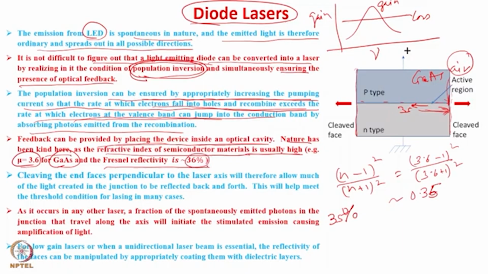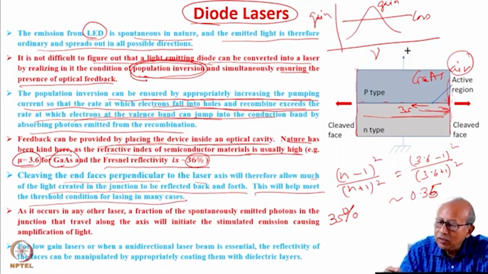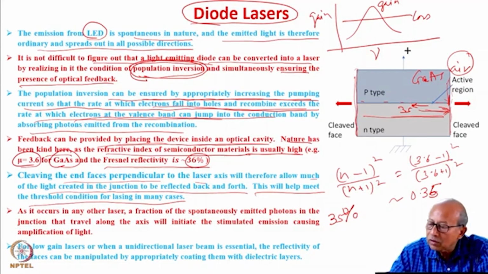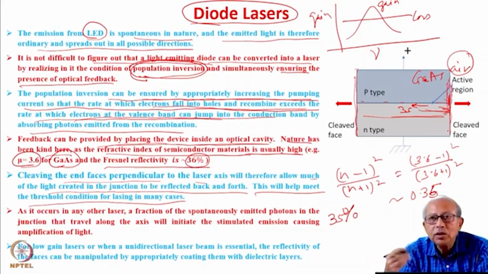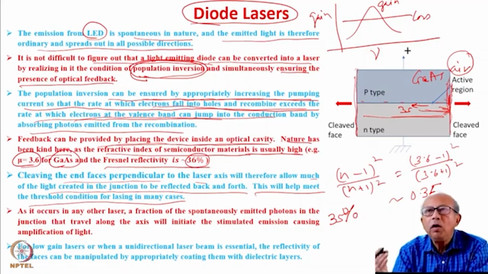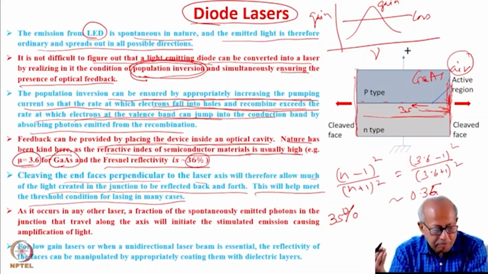Cleaving the end faces, which are perpendicular to the laser axis, this is the laser axis, therefore allows much of the light created at the junction to be reflected back and forth. This will help meet the threshold condition for lasing in many cases. Cleaving means to make the two surfaces optically flat, which is essential for making them perform the role of the cavity mirrors.